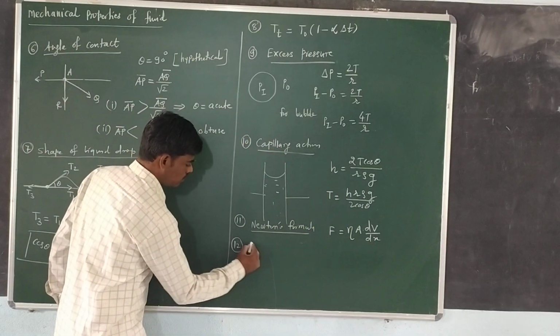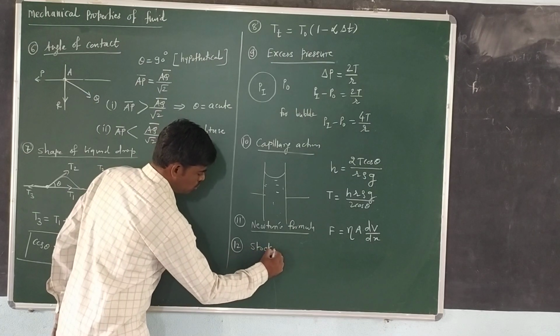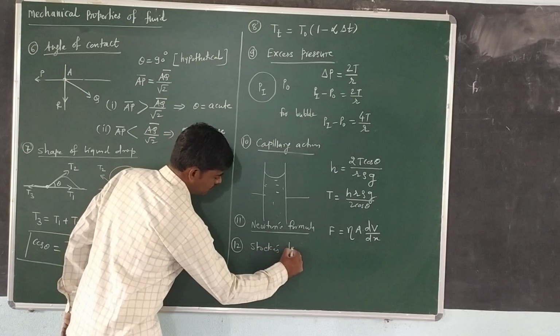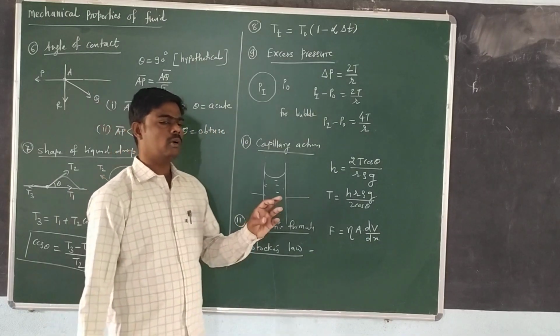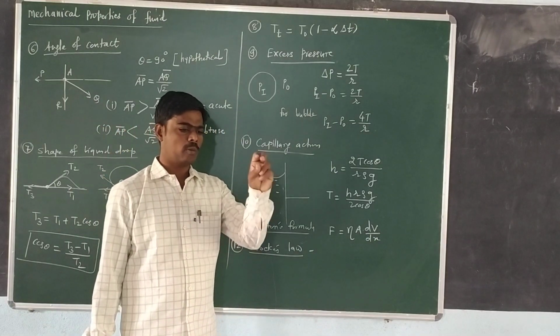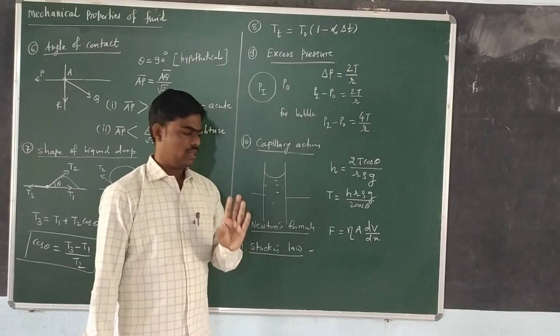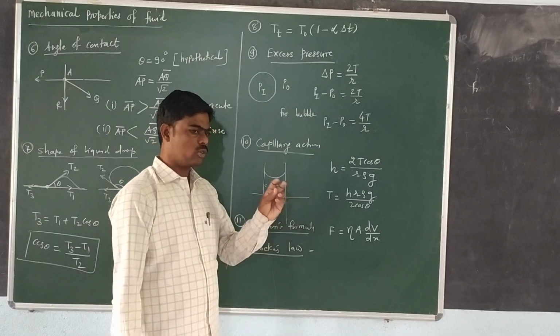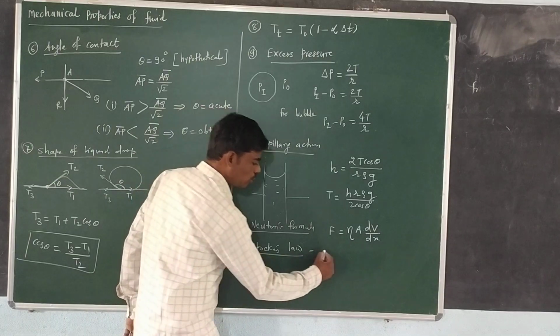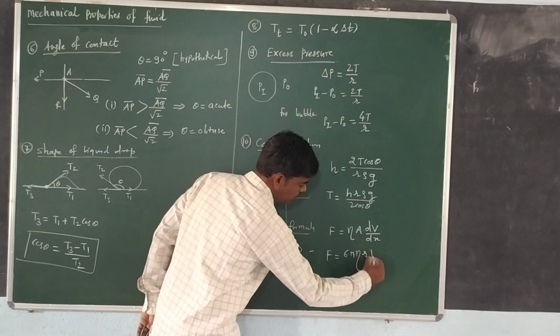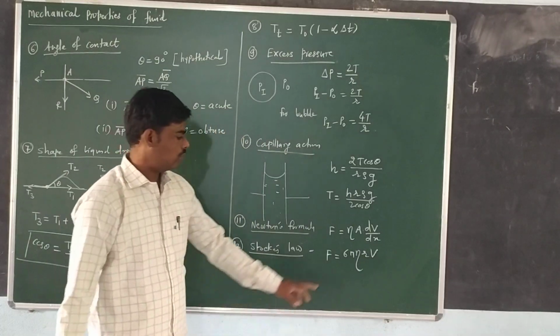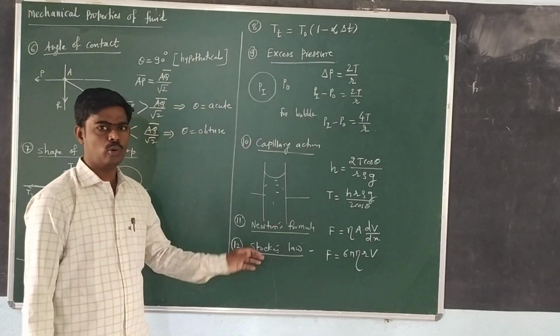Then Stokes formula, or Stokes law. It is applicable for a spherical body when dropped in liquid. When the spherical body is dropped in liquid, the viscous force acting on that body is given by 6 pi eta r v, where v is the velocity of falling of the body.